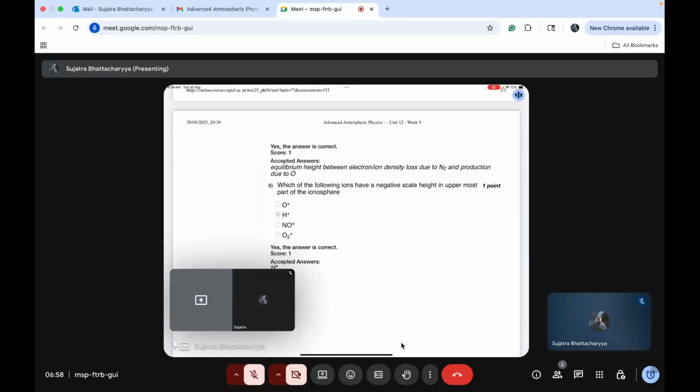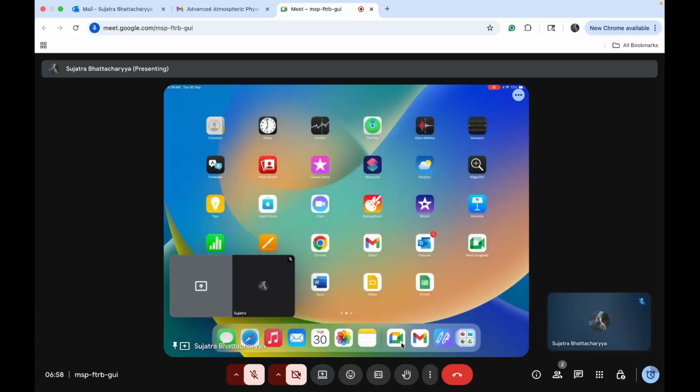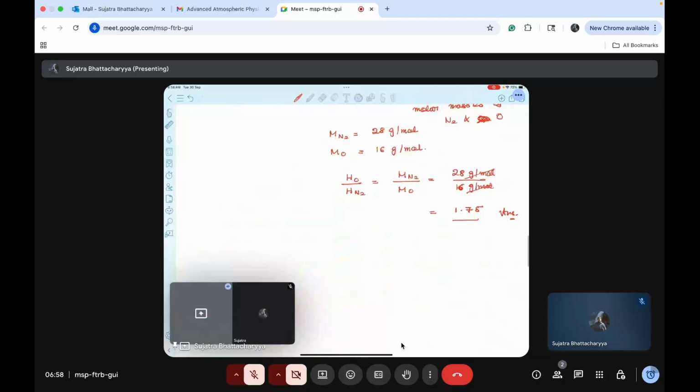But only for H plus and the helium ion, for these two species, the scale height increases with height. So H plus has negative scale height. Question is why?